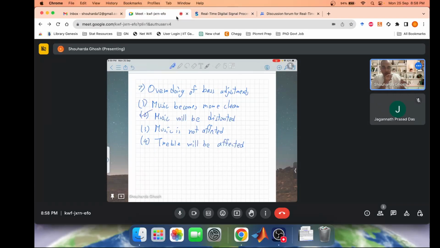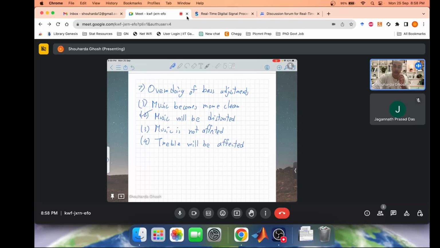It's obvious. Why? Because if you do too much bass, if you have tried it out, then the low frequency sounds will dominate to such a huge extent that you will not be able to get the essence of the high frequency tones of the music. So let's say guitar, piano, violin, all the high frequency notes will have low amplitude compared to the bass or the human speech, so that will make the music too bad.